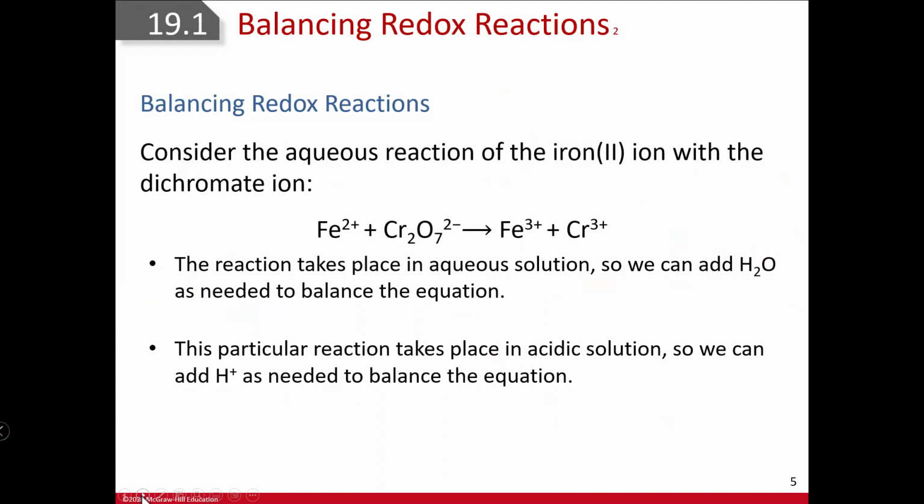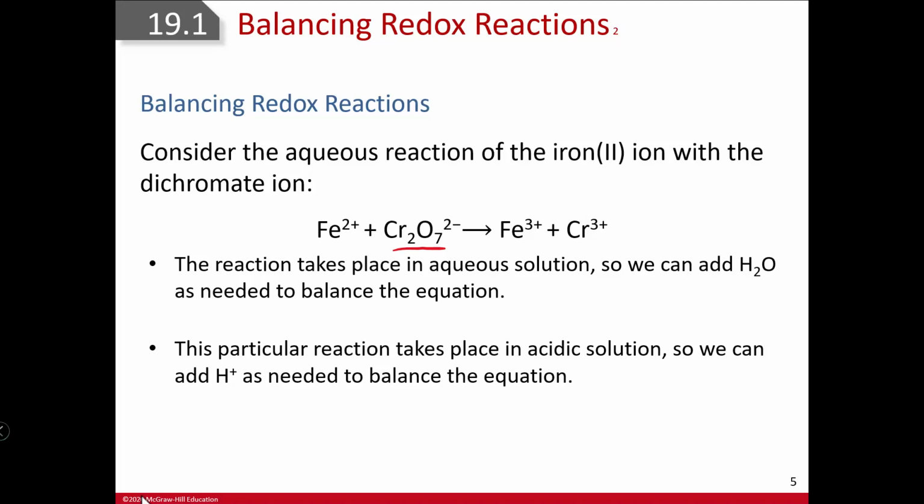So, balancing redox reactions. Consider the aqueous reaction of iron 2 ion with the dichromate ion. So here we have iron 2 positive going to iron 3 positive, and we have chromium. And what I would expect here is you're able to determine what the oxidation number or state of chromium is.